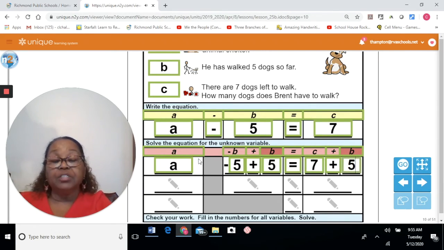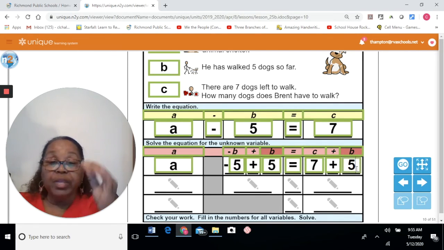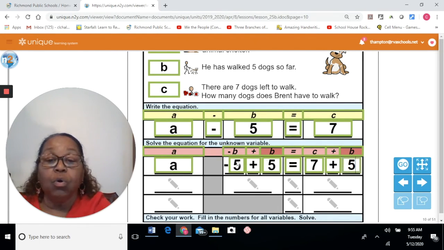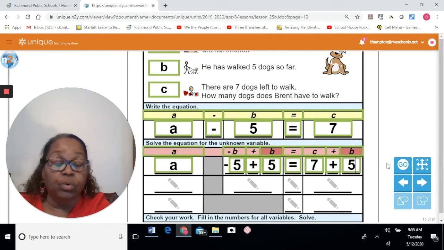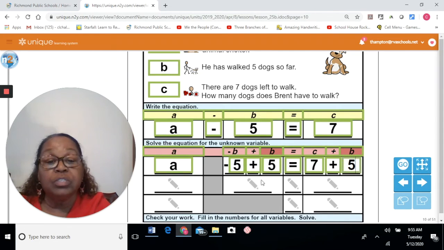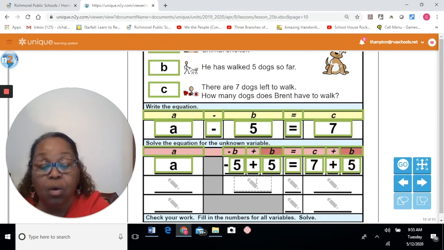We had a minus 5 on the left side of the equal sign. Equal means that everything on this side has to be equal to everything on this side. That's the way it must end. Okay, so we are trying to get rid of these numbers on this side so that we can have just A left. We have A left, we can read A equals. So if I have minus 5 plus 5, that's going to equal 0. That's the rule. That's the way it always is.